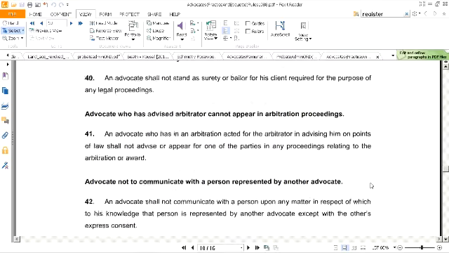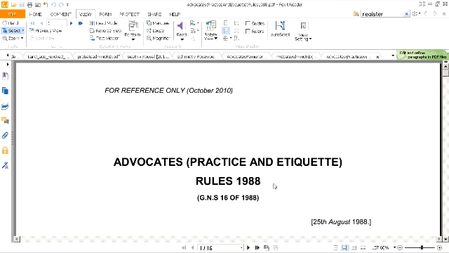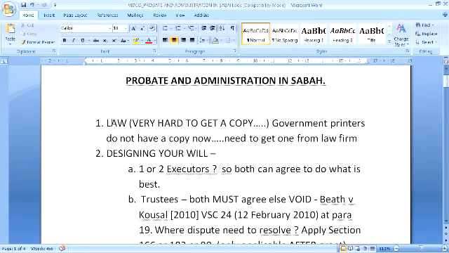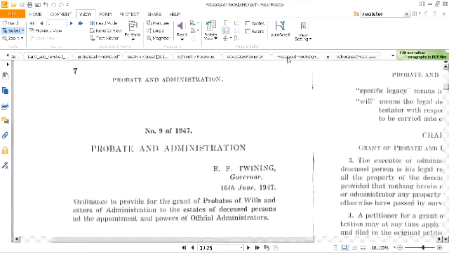Again, these rules have been handed down to us by our former colonial masters. The best way for you to find out whether somebody is working as an advocate in Sabah is to ask the High Court. Probate administration in Sabah, the ordinance itself is very hard to get.